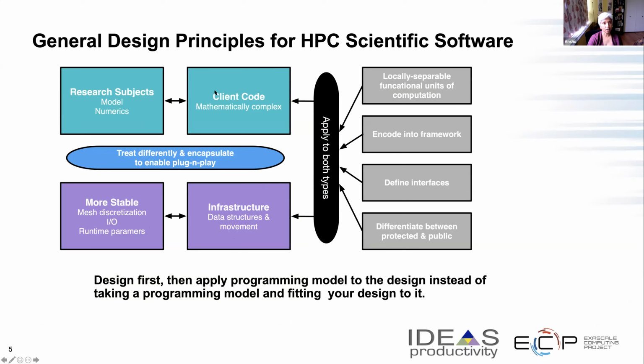And then there is the client code, which is mathematically complex and is the research subject. So what you do is you treat them differently and encapsulate them in ways that plug and play is enabled, so that you can plug in the scientific parts of the code into the infrastructure as you need, and the capabilities are provided by the infrastructure to these client codes as they need.